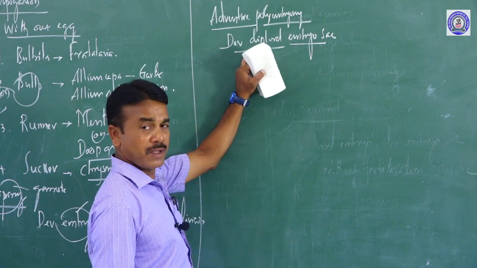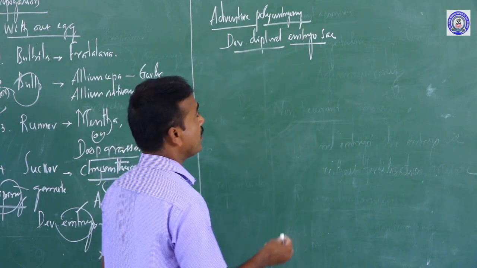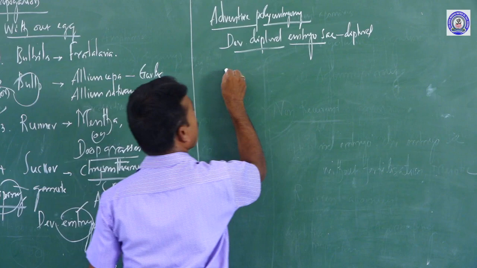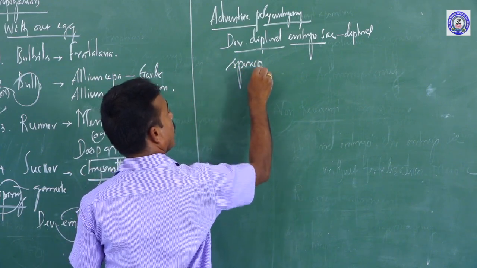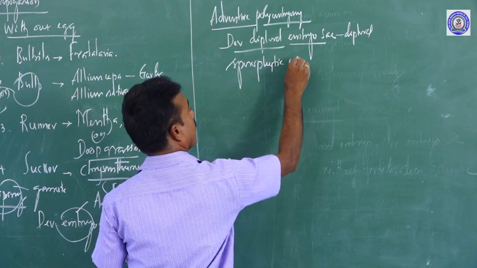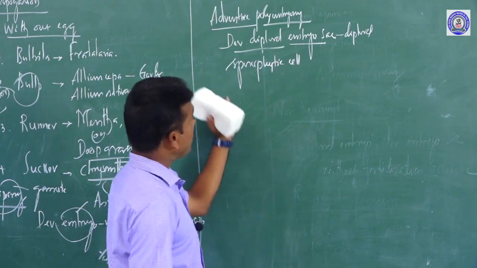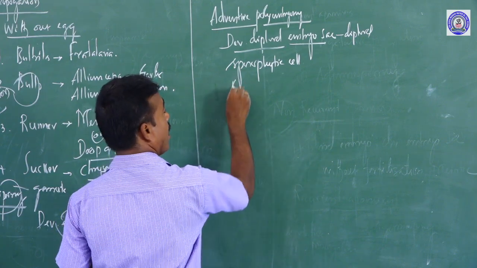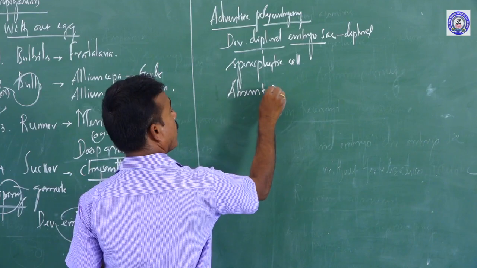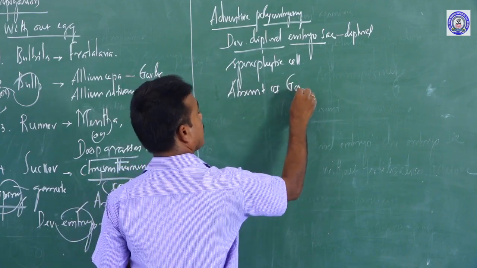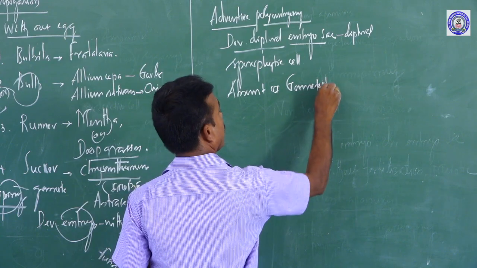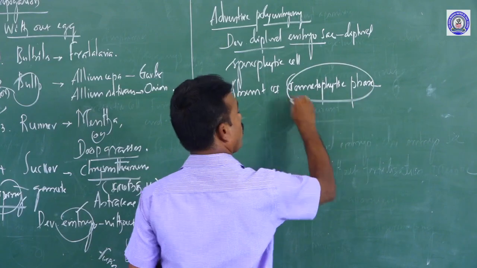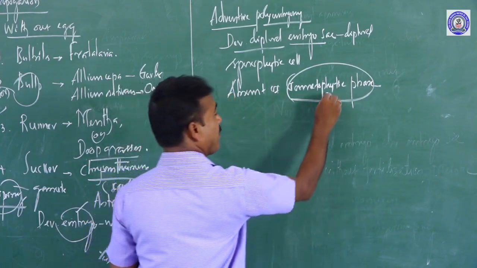Now moving on, development of diploid embryo sac from a diploid sporophytic cell. It develops and produces the embryo sac. Here, in general, there is an absence of gametophytic phase. The gametophytic phase is commonly called production of gametes.